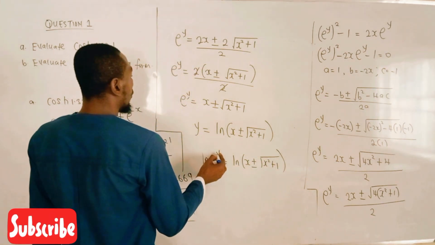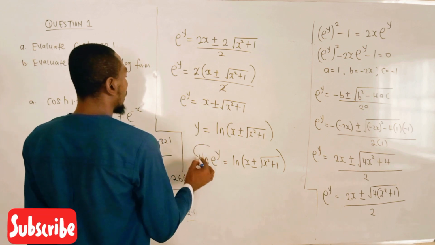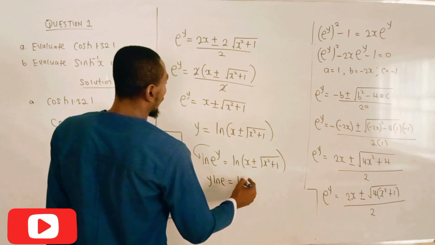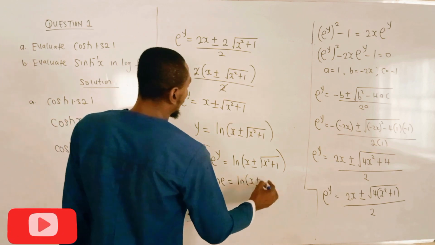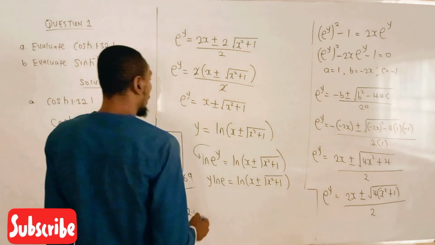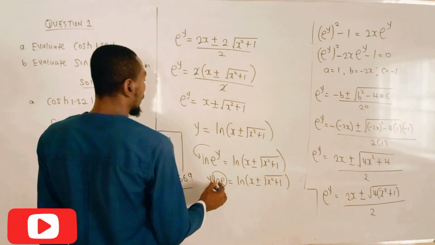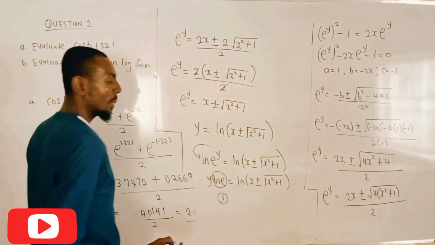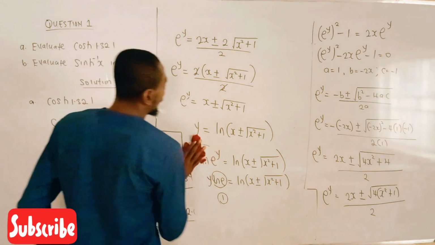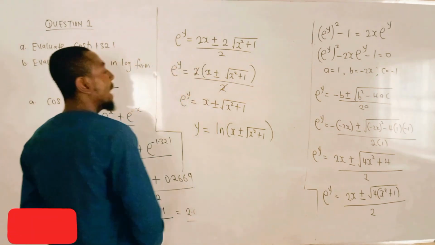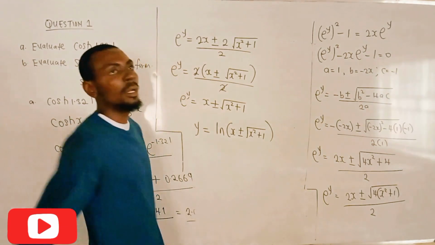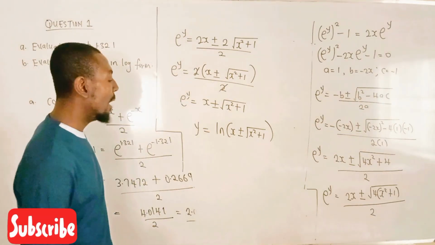Okay, so the y here, which is the power, will come to the front. We have y ln e is equal to ln of x plus or minus the square root of x squared plus 1. Okay, so ln e is equal to what? 1. So y is equal to that. Once you get to this particular stage, y becomes equal to ln of the right hand side. You have your answer.